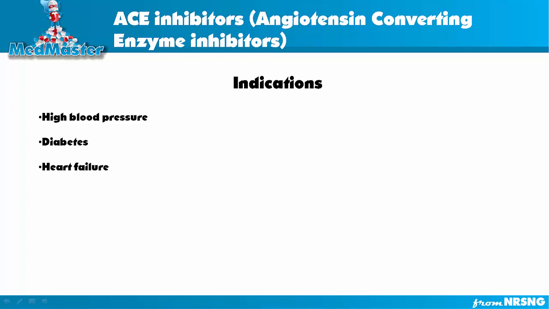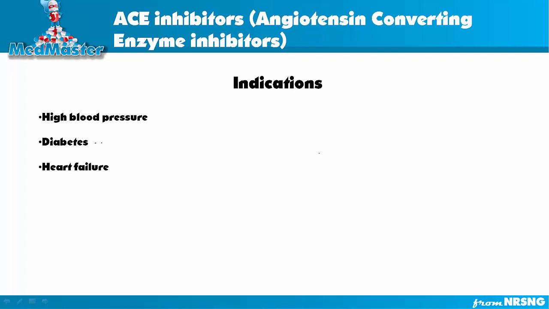These medications are used for high blood pressure. So if someone has high blood pressure, these medications are used to control it. These medications are also used for the control of diabetes symptoms related to the kidneys.